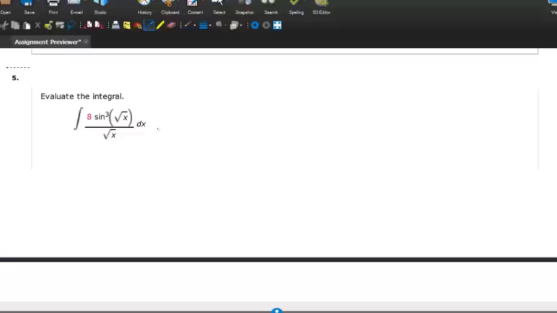Alright, so I want to get rid of that square root of x term, and as you can imagine, I have to do u substitution for that. So let's say u is equal to square root of x, and I have to compute du. Du will be 1/2 1 over square root of x dx. And that's good news because that will help me to take care of this square root of x term at the denominator.